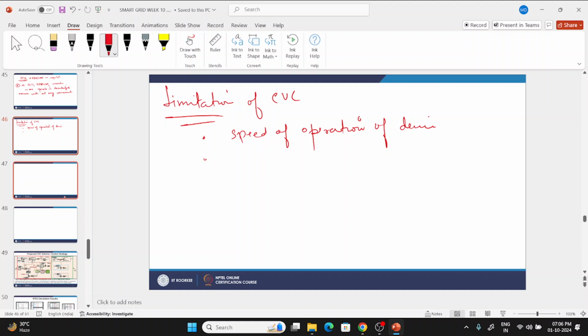In the CVC scheme, it has been assumed that fast acting devices will be used for injecting the power, but it has several advantages, like it utilizes all devices effectively so that the reactive power reserve gets increased. It improves the voltage profile.